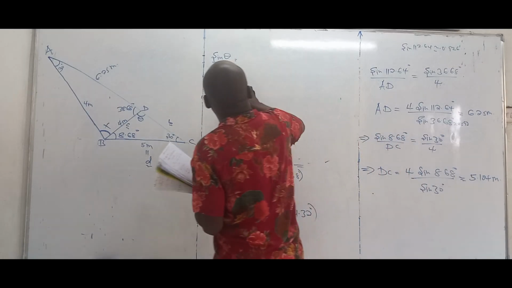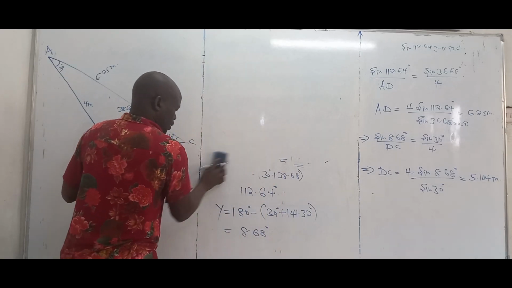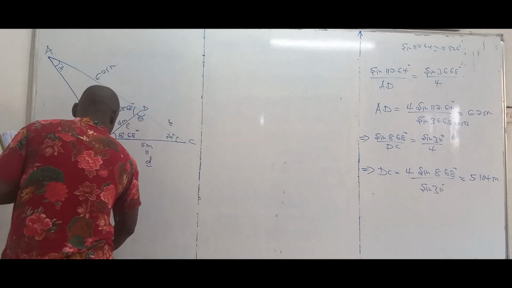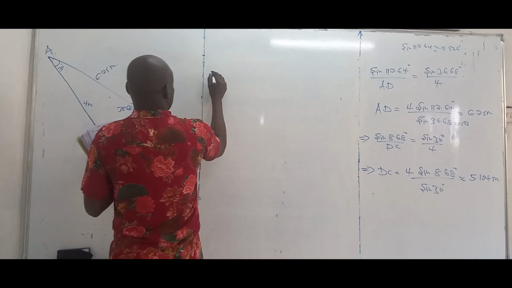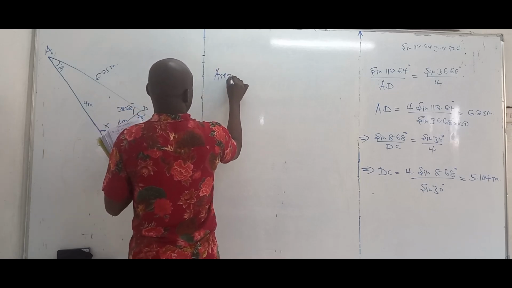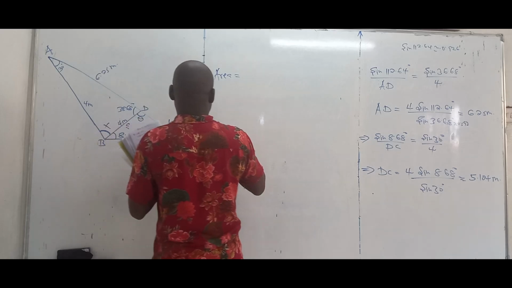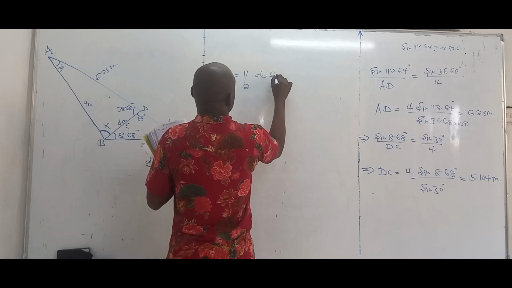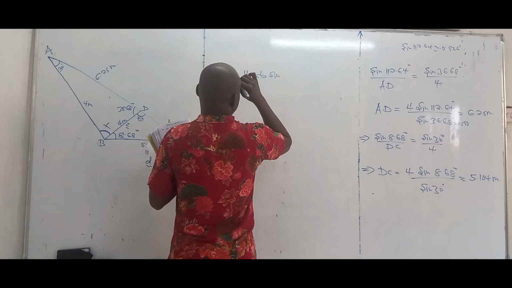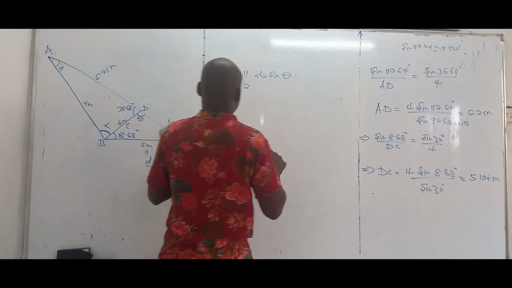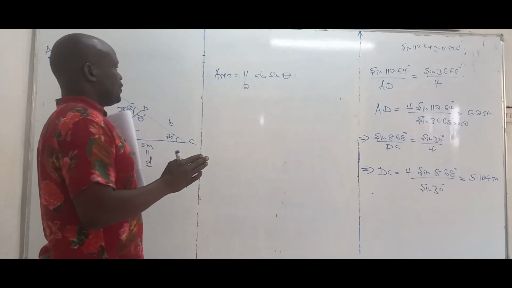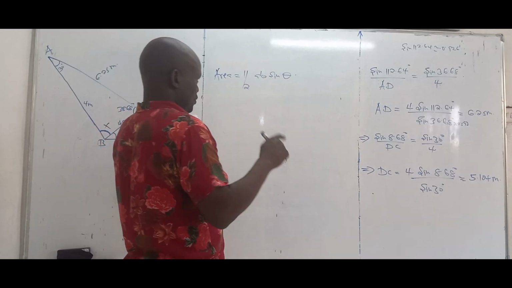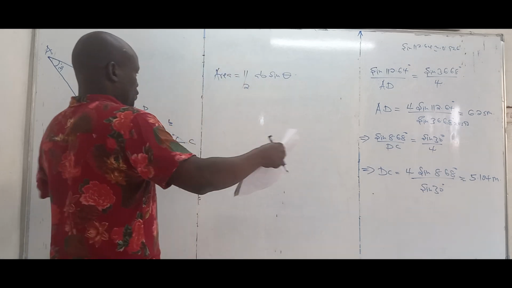So to get the area, we'll need to remember that the area of this should be given by half AB sine theta, where AB are the lengths of the two sides, then sine theta should be the angle between those two sides.